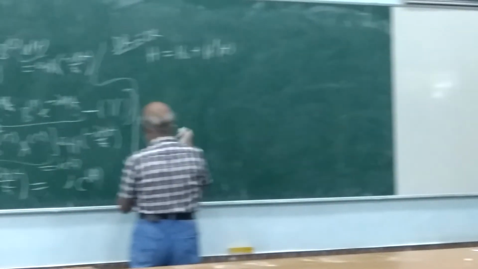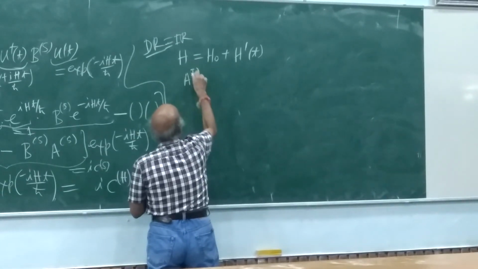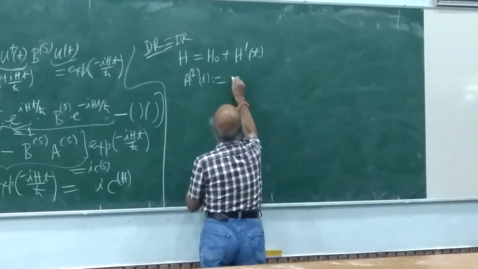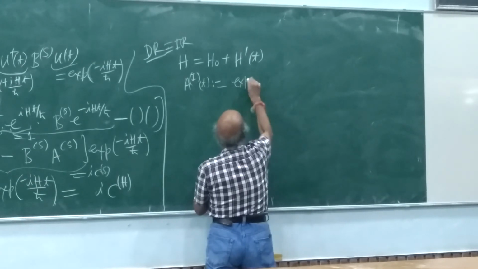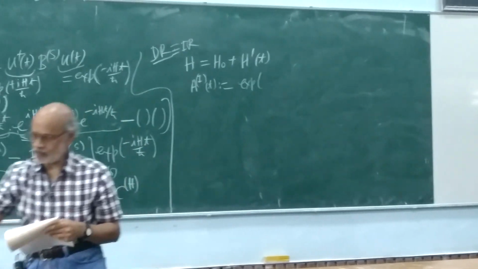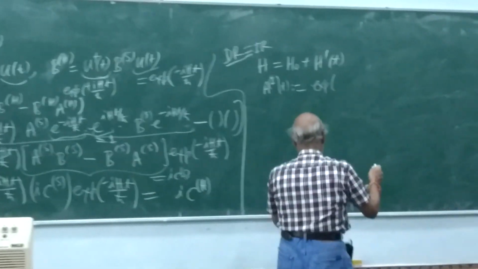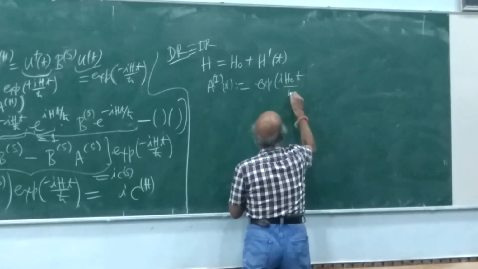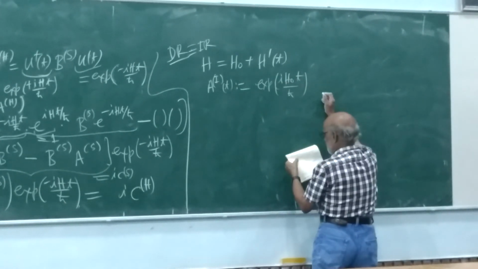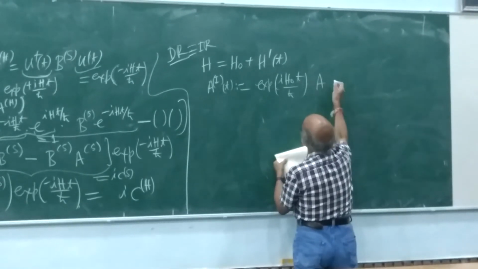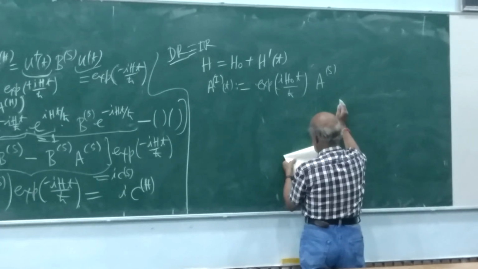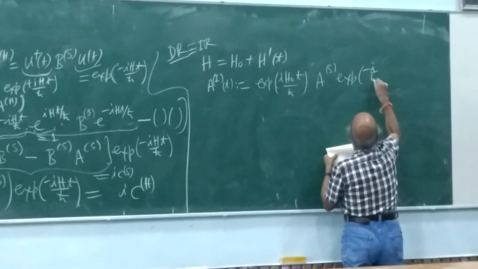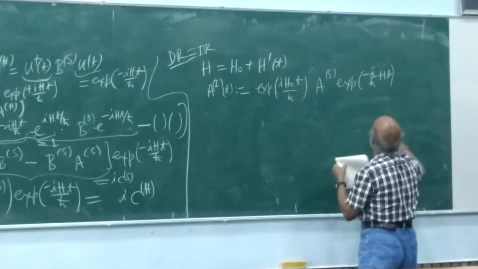Anyway, we have to proceed further. Here, now, let me use the superscript I, P. I define it to be the exponential of i H0 t by h-bar times A of S and the exponential of minus i H0 t by h-bar.